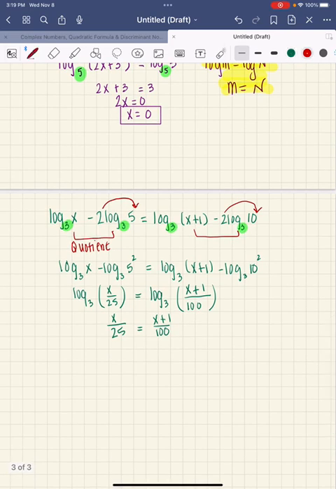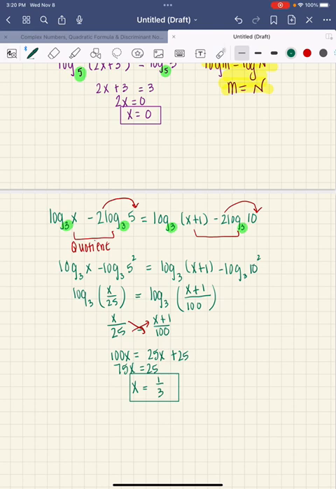Cross multiply. And that's going to give you 100x equals 25x plus 25. 75x equals 25. Divide by 75, reduce, you get 1/3.